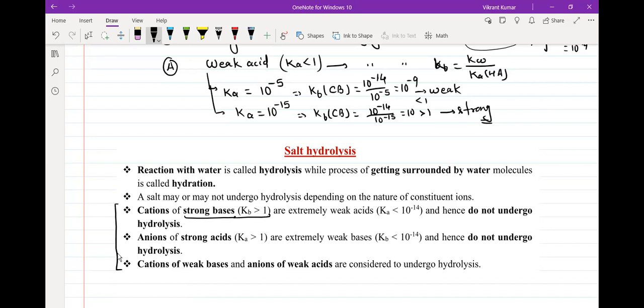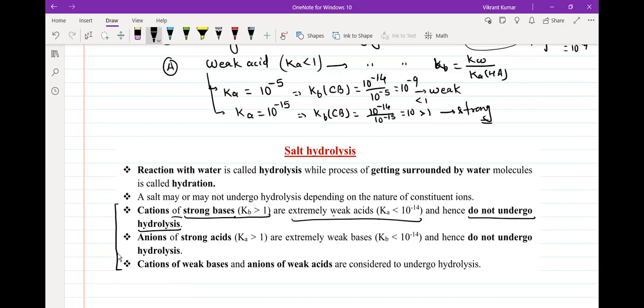The cation of a base with Kb greater than 1 will have a Ka value less than 10⁻¹⁴. And that's why such types of acids we can neglect. They are just present there. They don't have the strength to react; whatever they do, we can ignore. And that's why we consider that they are not undergoing hydrolysis.